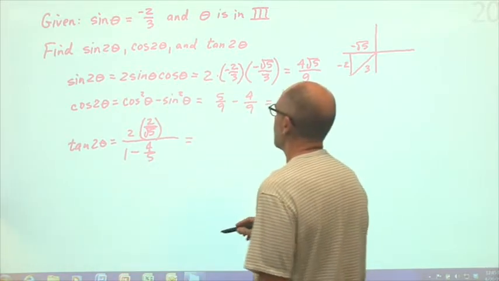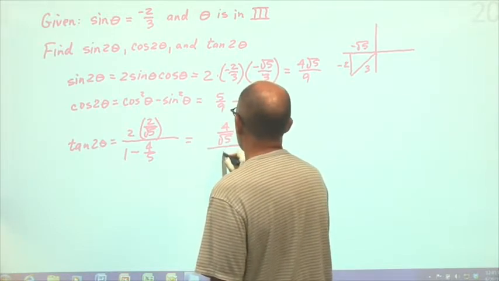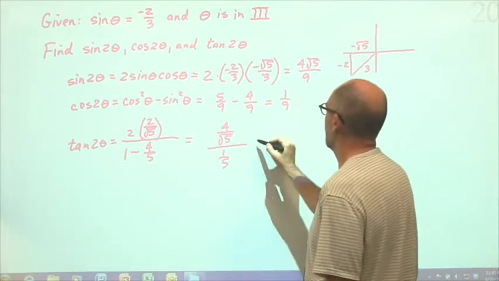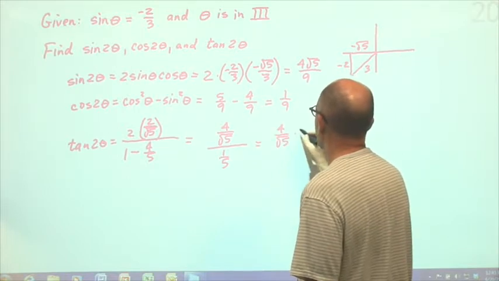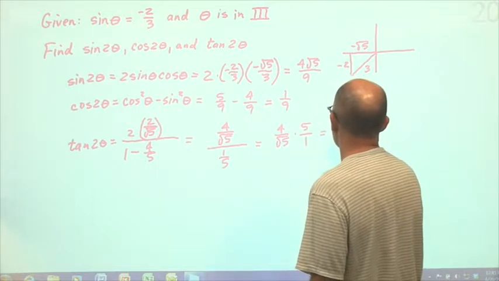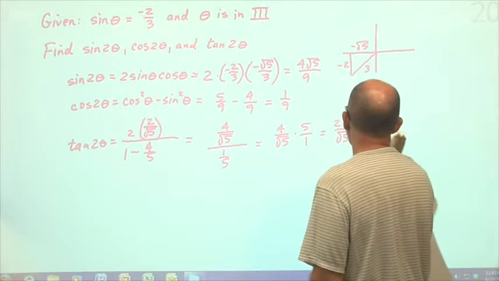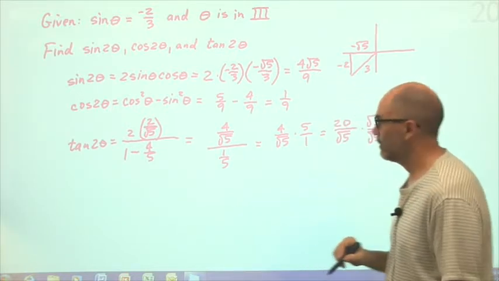Okay, so this equals 4 over the square root of 5, all divided by 1/5. So that equals 4 over the square root of 5 times 5 over 1, which equals 20 over the square root of 5. And we are not like the godless heathen who leave radicals in the denominator.